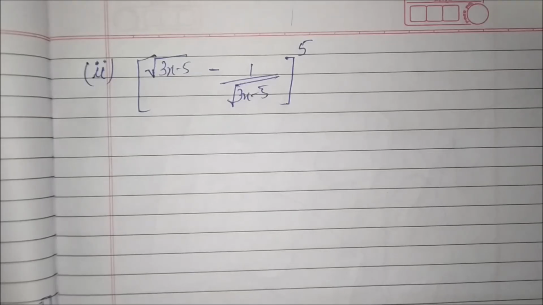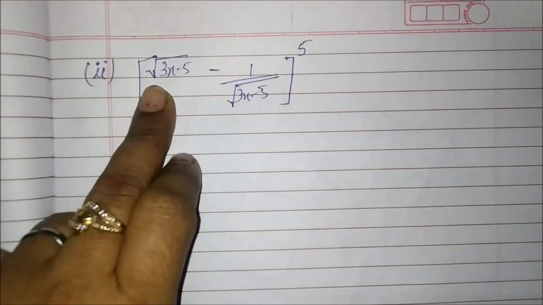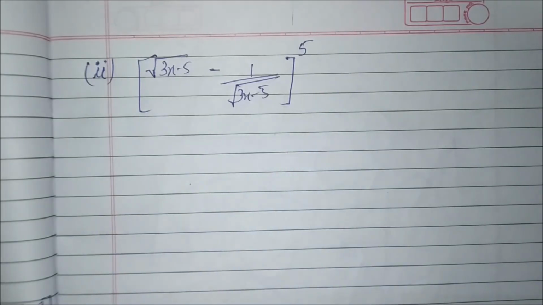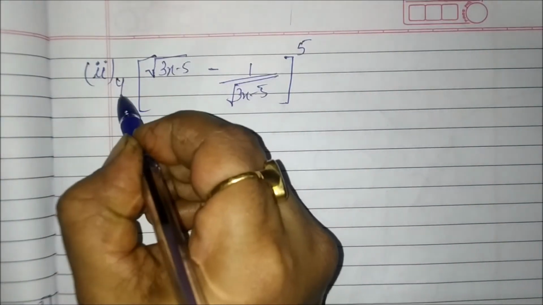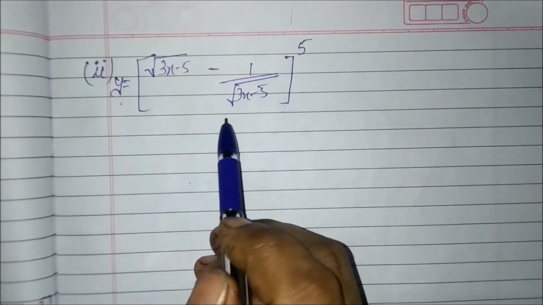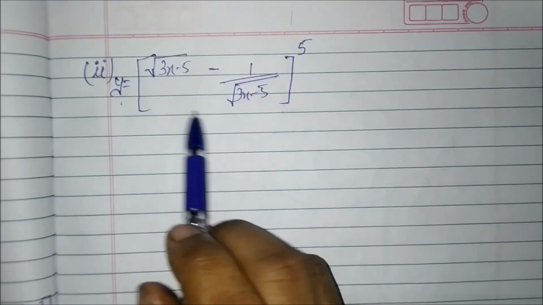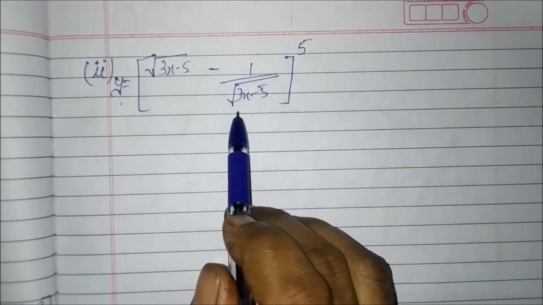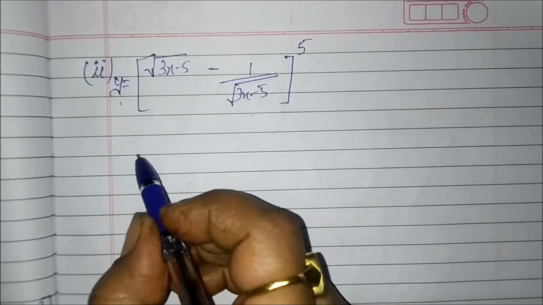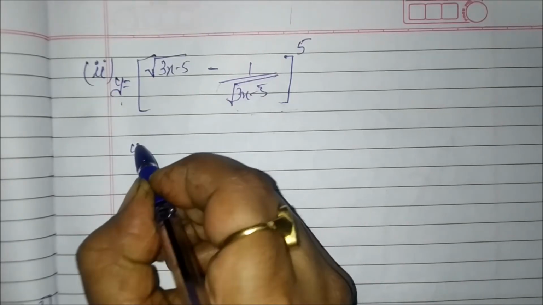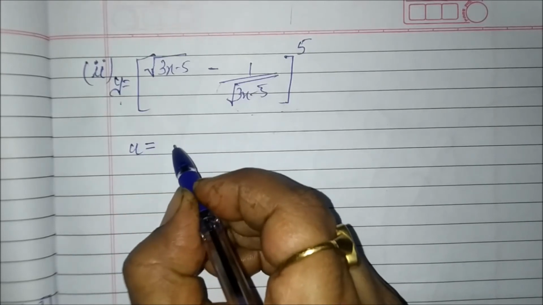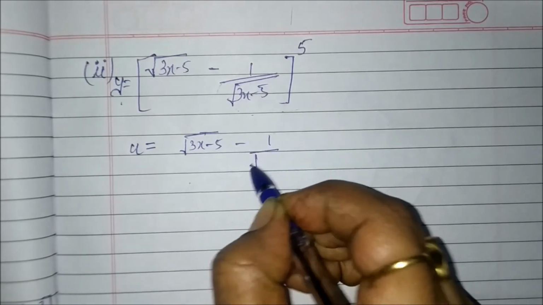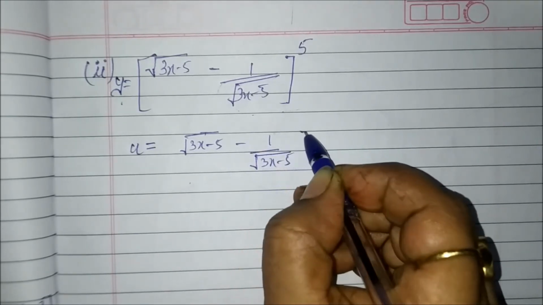Now see the second sum. Here it is given y equals (root of 3x minus 5 minus 1 upon root of 3x minus 5) raised to 5. Now you can assume this as u and again then this as v, but okay, let u equal root of 3x minus 5 minus 1 upon root of 3x minus 5.